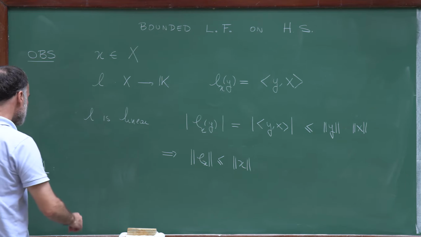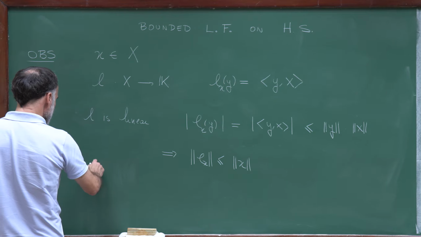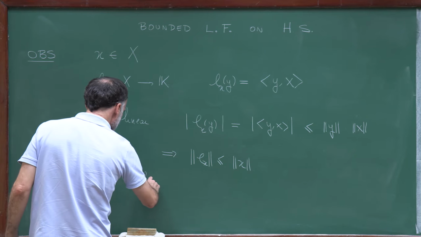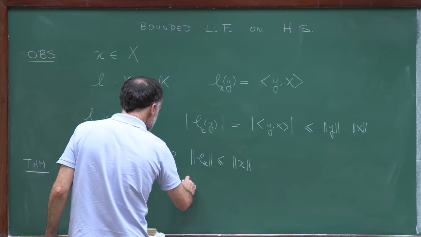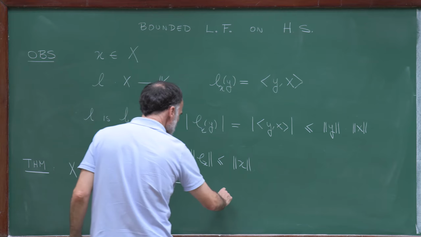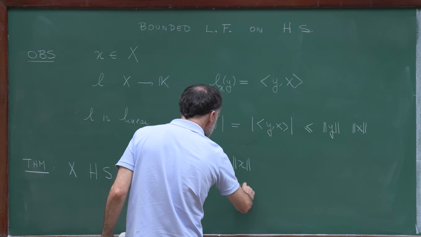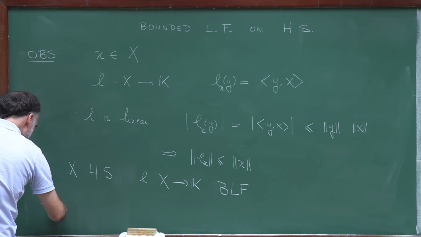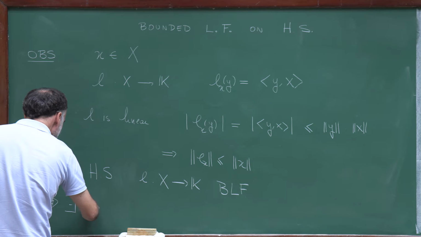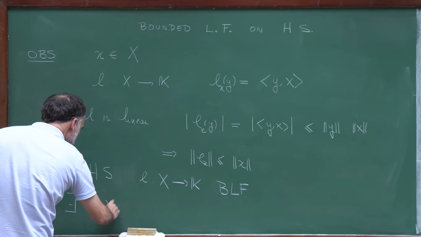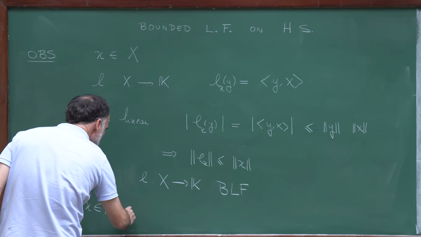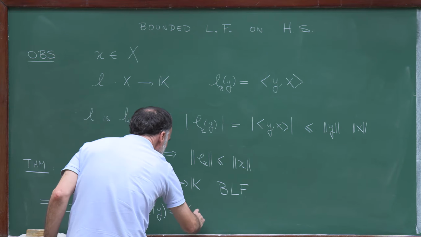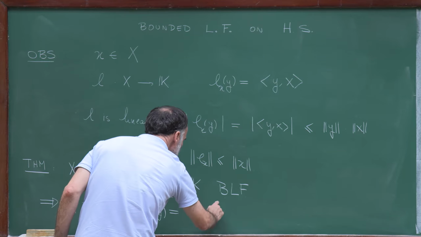More precisely, if X is a Hilbert space, and if L is a bounded linear functional from X to K, what I claim is that then there exists x in X such that L of y is equal to the scalar product of y with x.